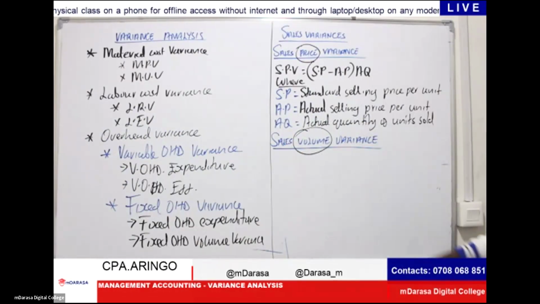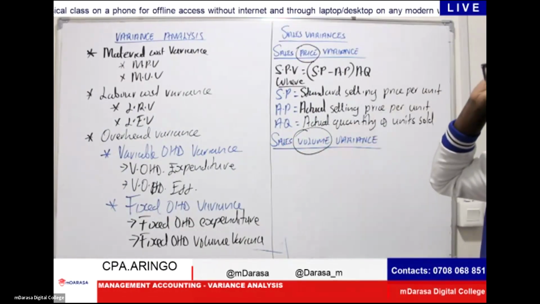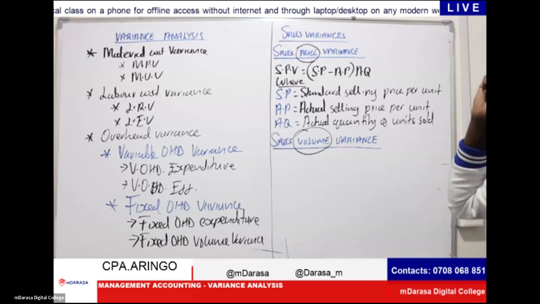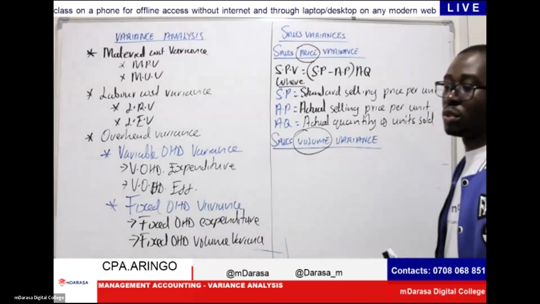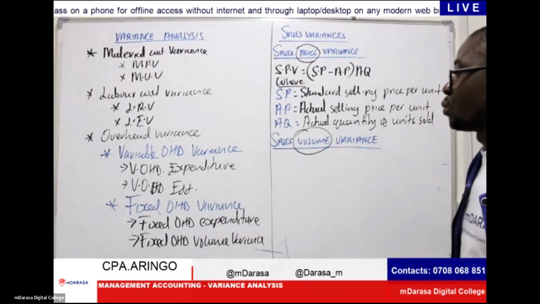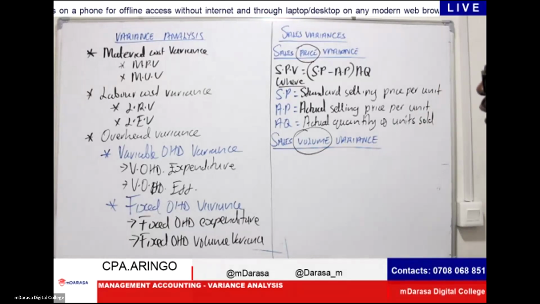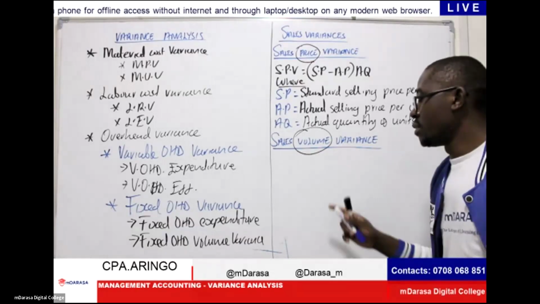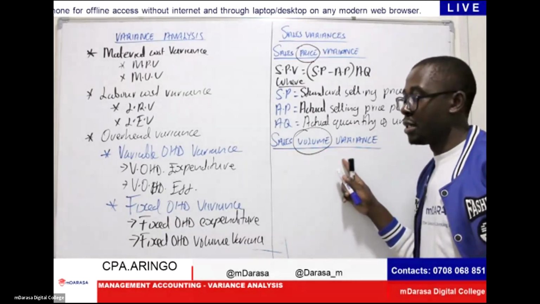This is the difference between the budgeted output and the actual output, valued at standard profit per unit.